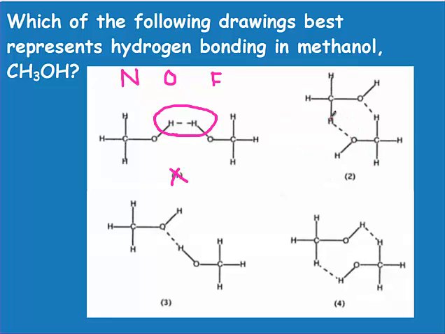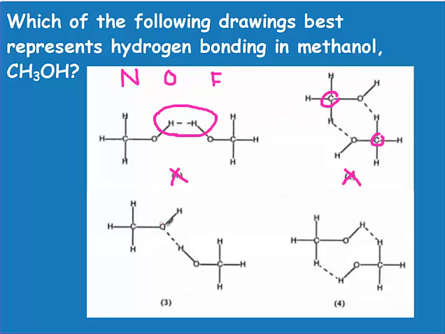In two, oxygen is attracted to hydrogen, but the hydrogen that's attracted to oxygen is attached to a carbon, in which case these hydrogens are not slightly positive because this is a nonpolar bond. So 2 is incorrect.